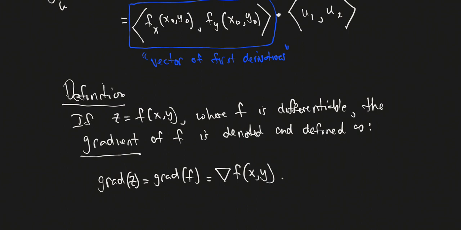So this is the most common way to denote a gradient, and the way it's defined is this. All you do is you form a vector, and the first component of that vector is the partial derivative of your surface with respect to x. And then the second component is the partial derivative of that surface with respect to y. And there you go, right? So the gradient is a new operator.